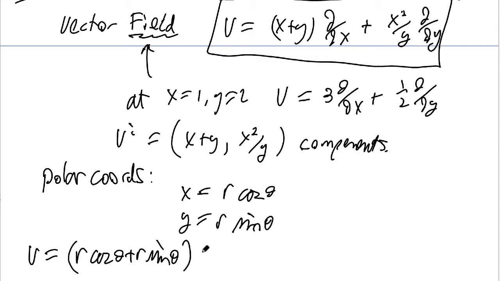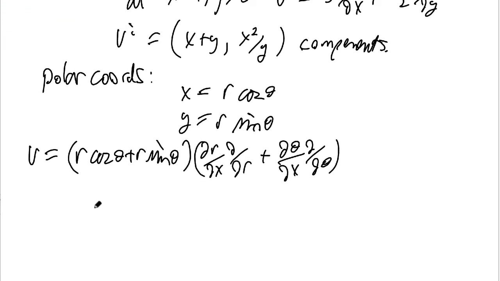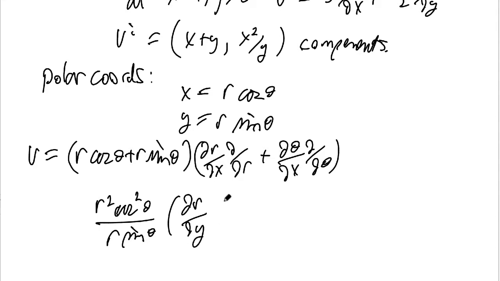And d by dx, by the chain rule, is partial r with respect to x, d by dr, plus partial theta with respect to x, d by d theta. And now for this second term, we have x squared over y, that's r squared cosine squared theta over r sine theta, times d by dy, which is dr dy, d by dr, plus d theta dy, d by d theta.